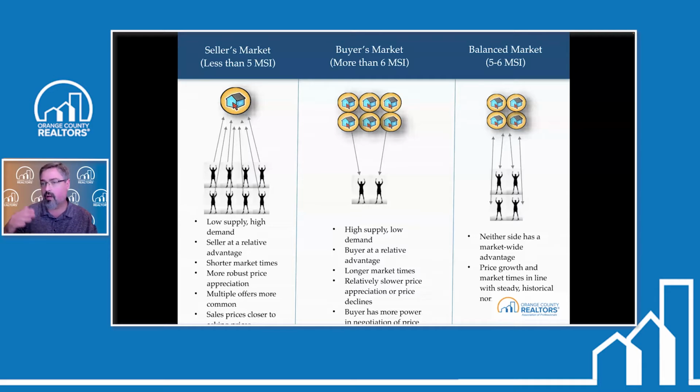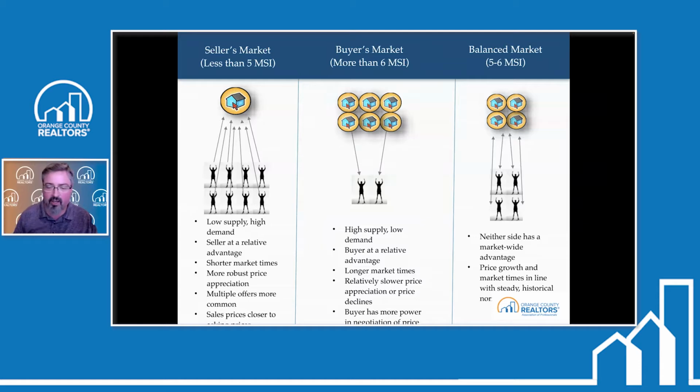Now, a balanced market is when you have enough supply that meets enough demand, whereby inventory is coming on and off at a steady pace, whereby you're not getting a sharp peak or a deep drop. You're actually getting a steady incline of appreciation value.